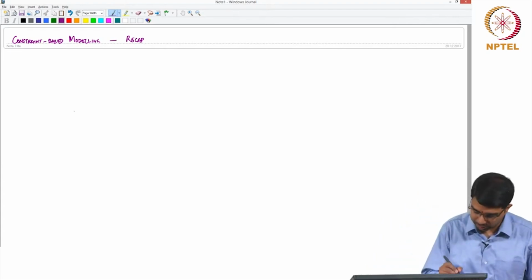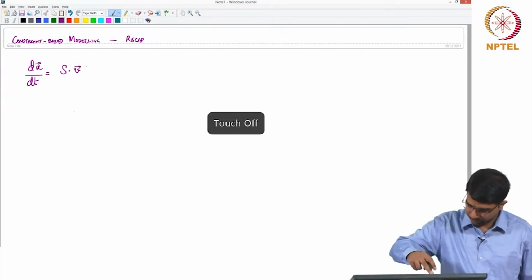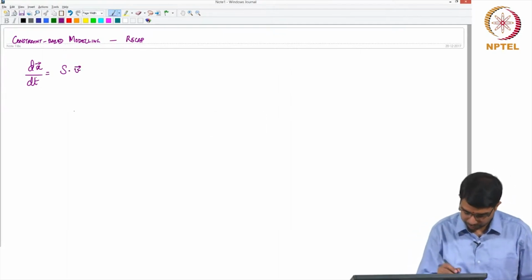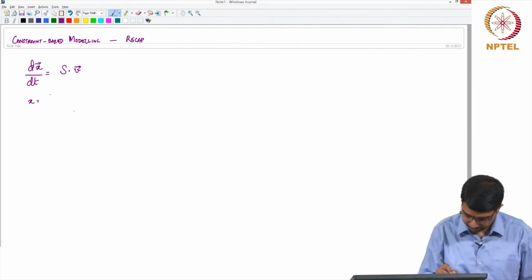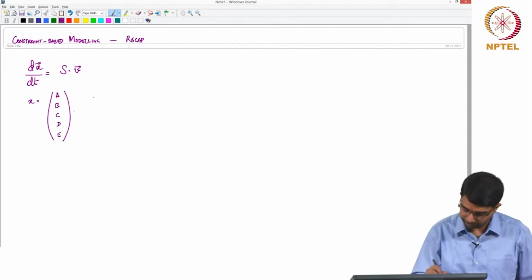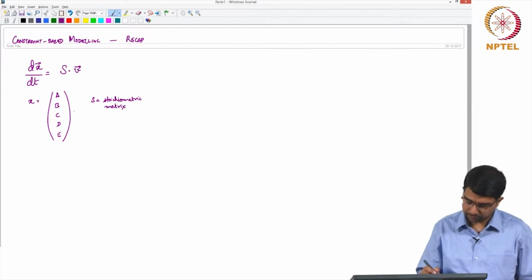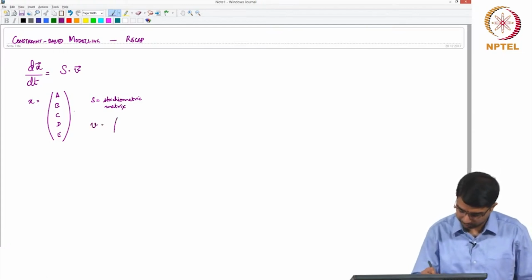So, the classic formulation we started with was dx/dt = S·v, right, where x is nothing but a vector of metabolite concentrations, S is your stoichiometric matrix and V is your flux vector.